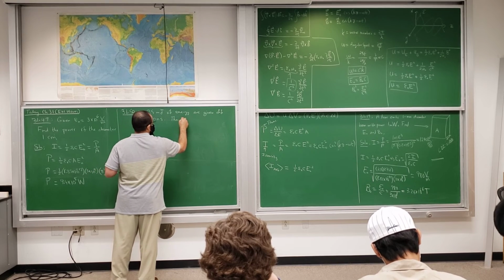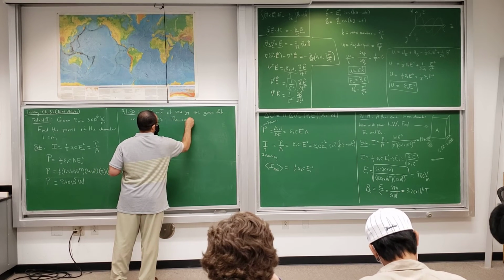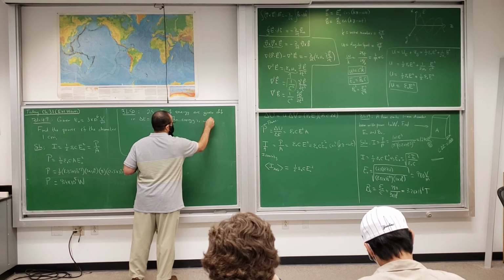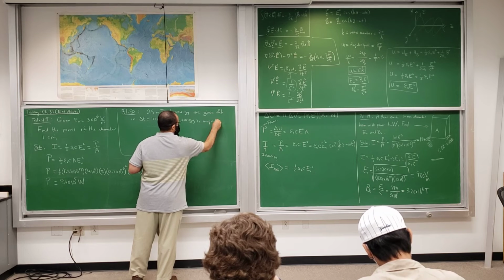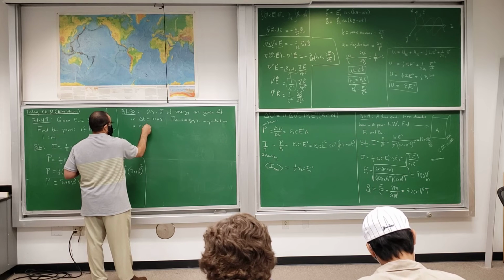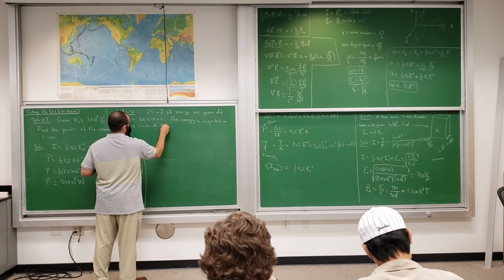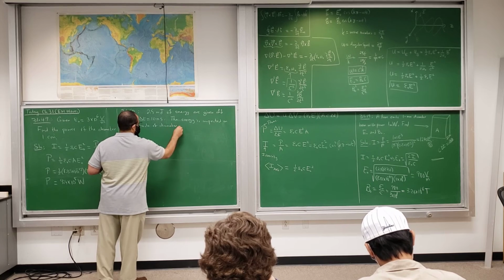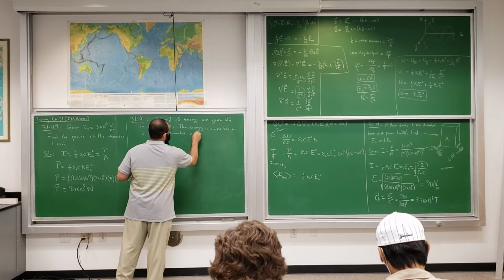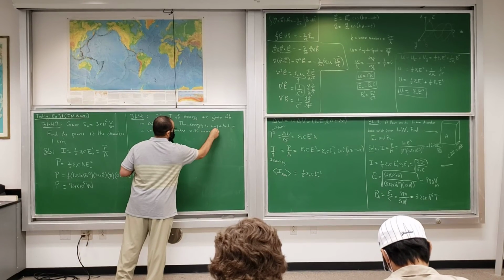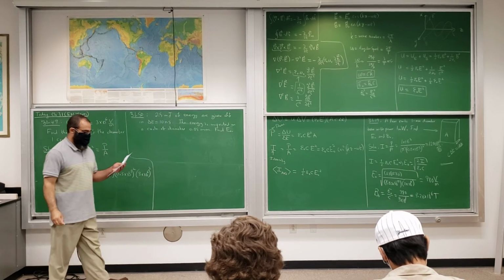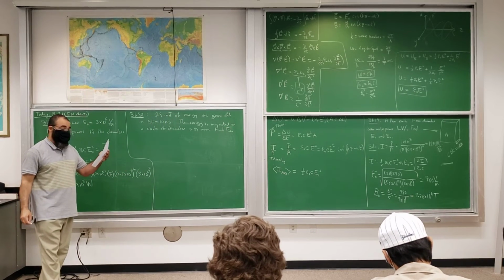The energy is impacted on a circle of diameter 0.85 millimeters. Find E naught. They want the amplitude. Find the amplitude.